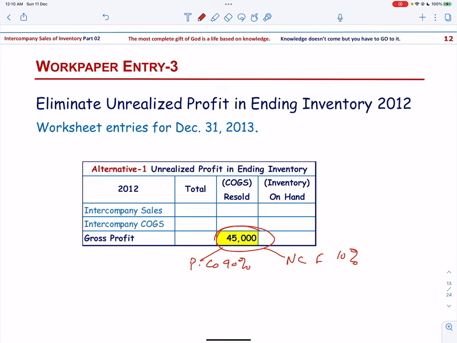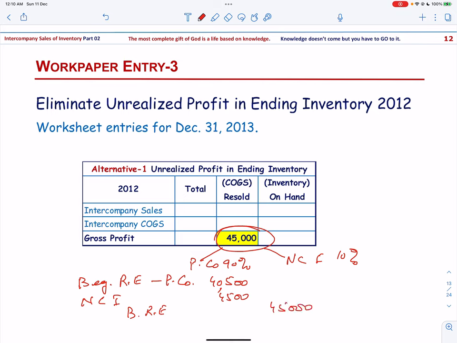So we are going to debit beginning retained earning by 40,500, that is beginning retained earning for P company. 90% of 45,000 is 40,500, and the non-controlling interest is 10%, that will be 4,500, and the beginning retained earning is going to be credited by 45,000.